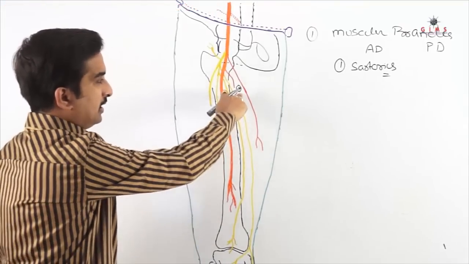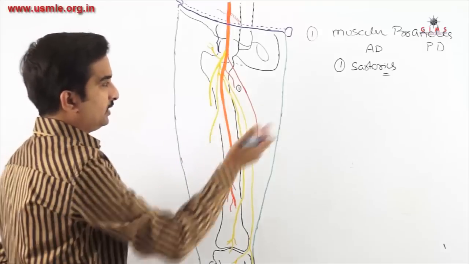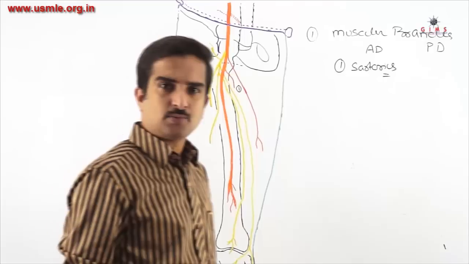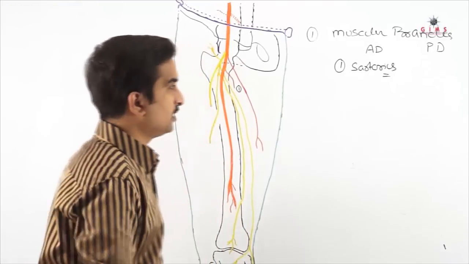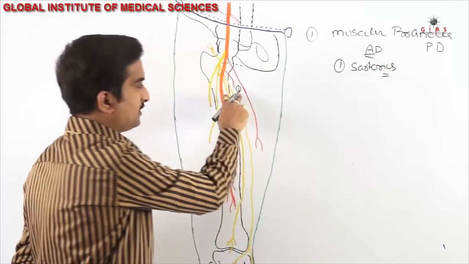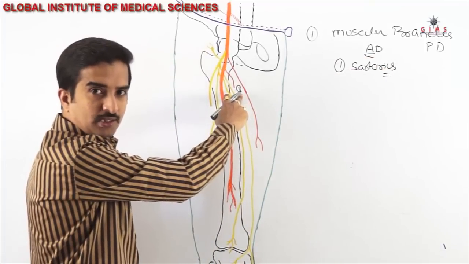Okay, so I will give the numbering here, by that you can understand what is the division and what is the branch which is supplying the respective muscles. Now the anterior division of the femoral nerve gives a muscular branch to the sartorius.